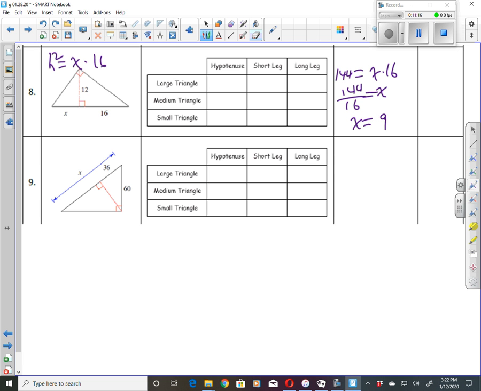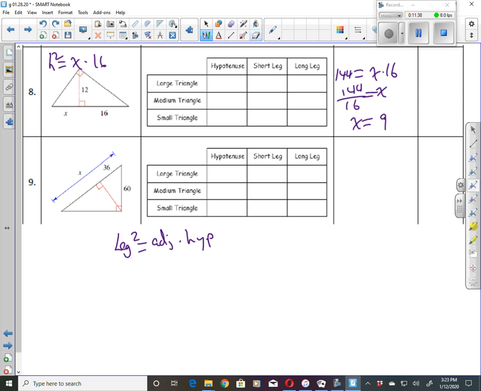The last one, number 9, is very much like number 6. And again, use the chart. You can stop the video and use the chart. But I'm going to suggest some of you memorize formulas. Remember, the leg squared is equal to the adjacent part times the hypotenuse.